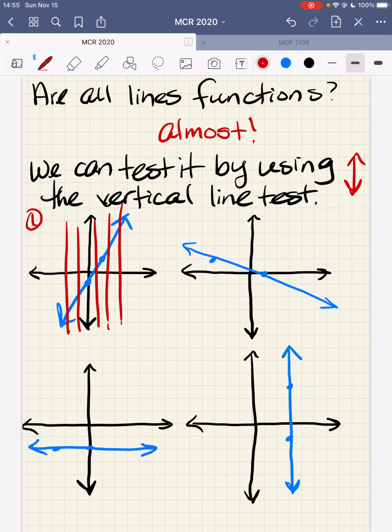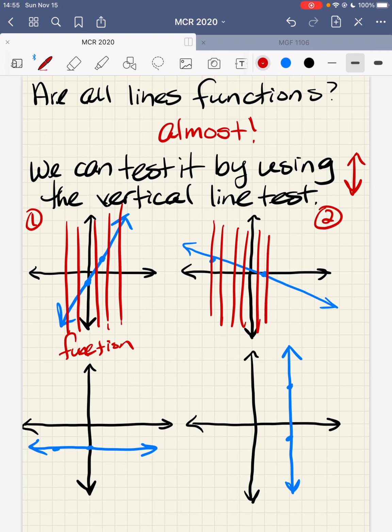So a line with a positive slope is a function. Okay, what about a line with a negative slope? Again, I'm going to draw my vertical lines. And again, they only intersect this line at exactly one point. This is also a function.